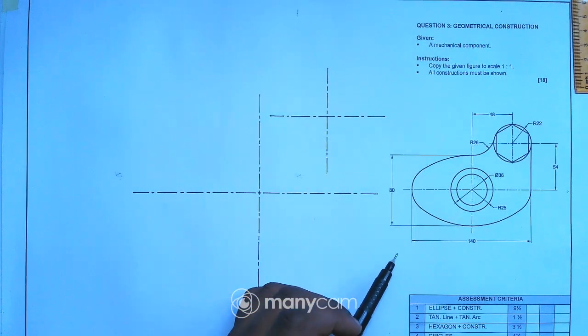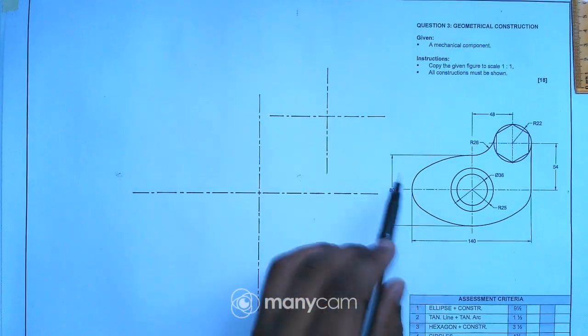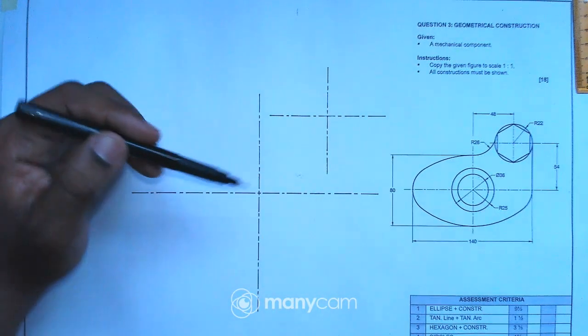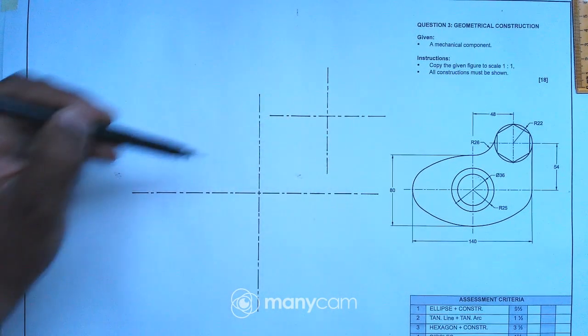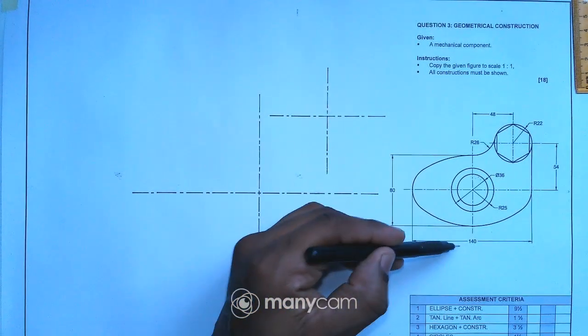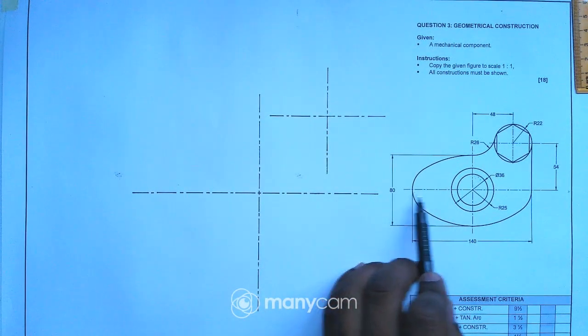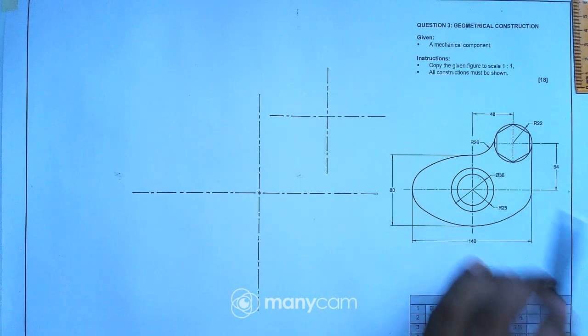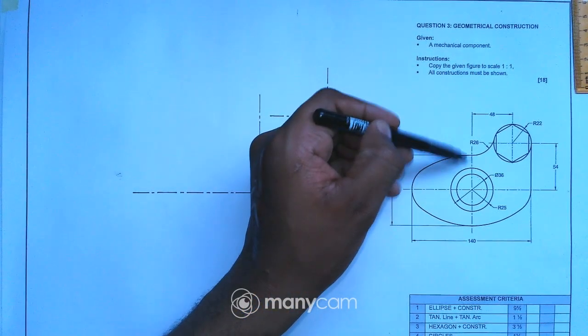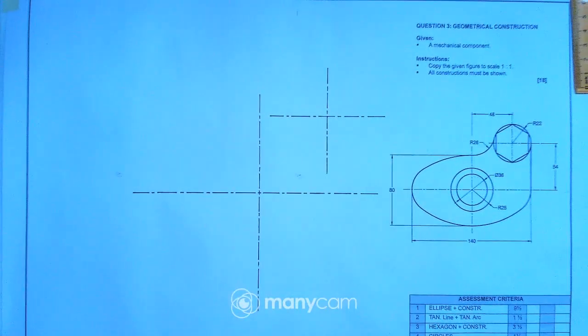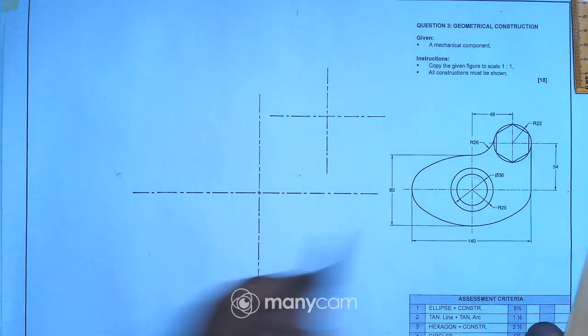So now because we have these measurements, the first thing that you have to do is to draw a rectangle in light constructions using these measurements. Obviously this line here from this point to that point, we call that line the major axis, and the vertical one from here to there, we call that the minor axis, so that I can measure from both sides.